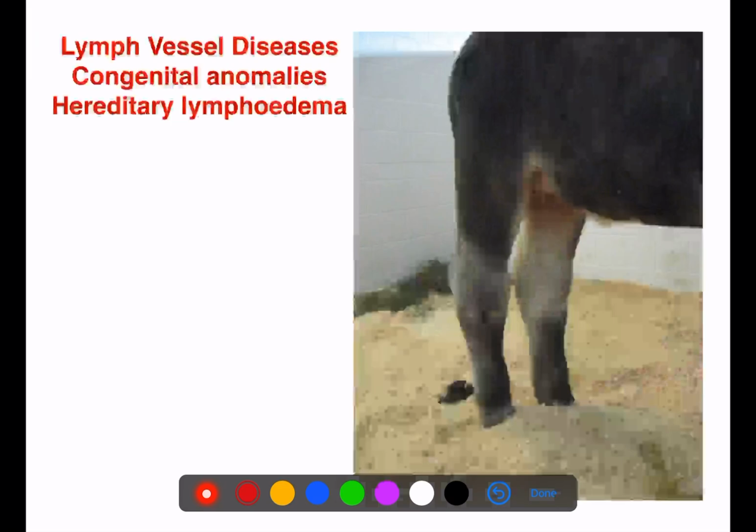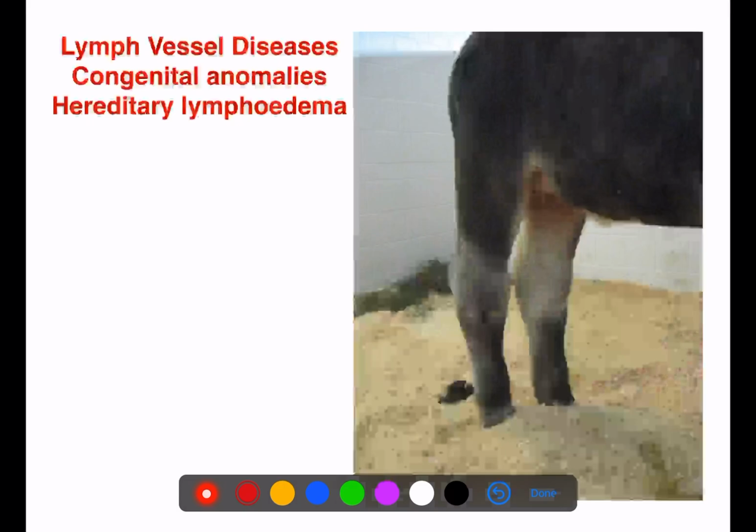Let's ignore this slide and go to lymphatic vessels. Lymphatic vessels also suffer from congenital anomalies, and there is hereditary lymphoedema, which in humans is called familial Milroy disease. Also, it's common in large animals. It's characterized by chronic edema in some part of the body, maybe in the forearm or leg.